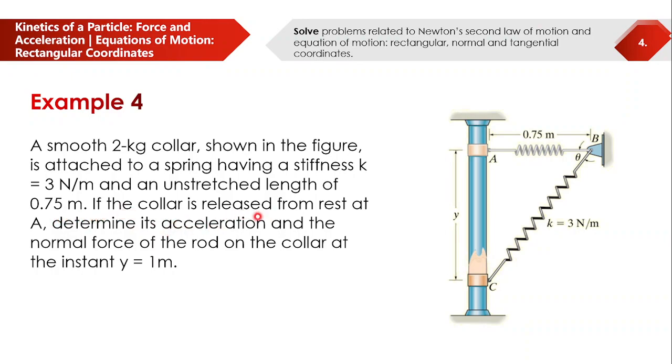If the collar is released from rest at A, determine its acceleration and the normal force of the rod on the collar at the instant y is equal to 1 meter. Okay, so how do we solve this one?